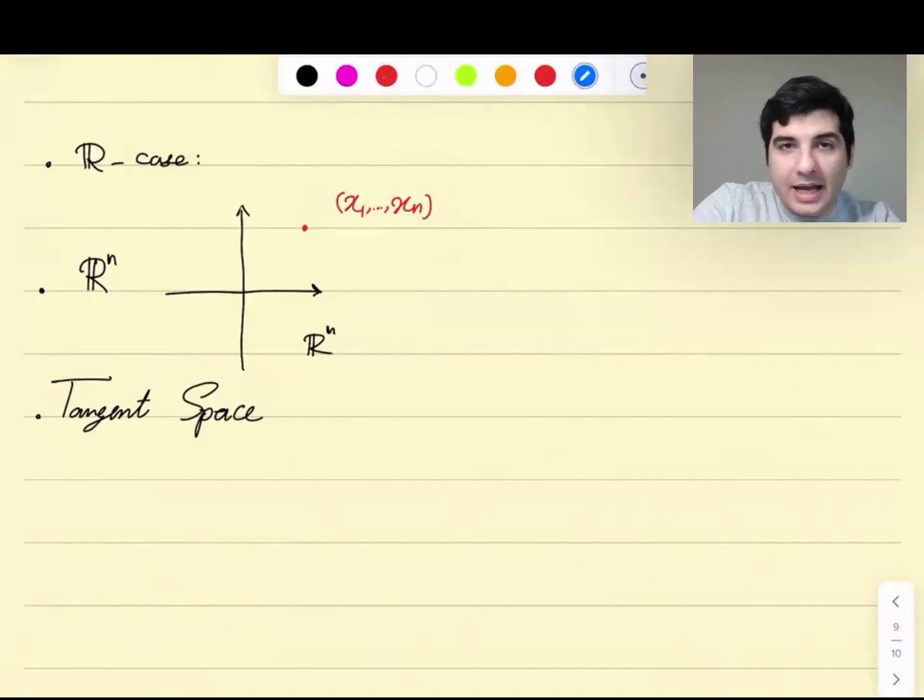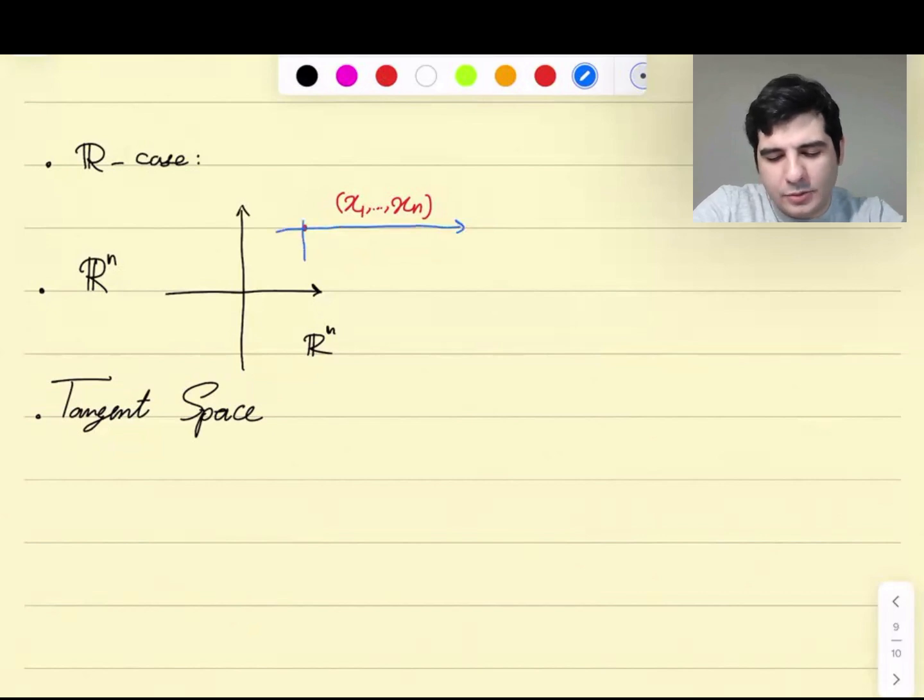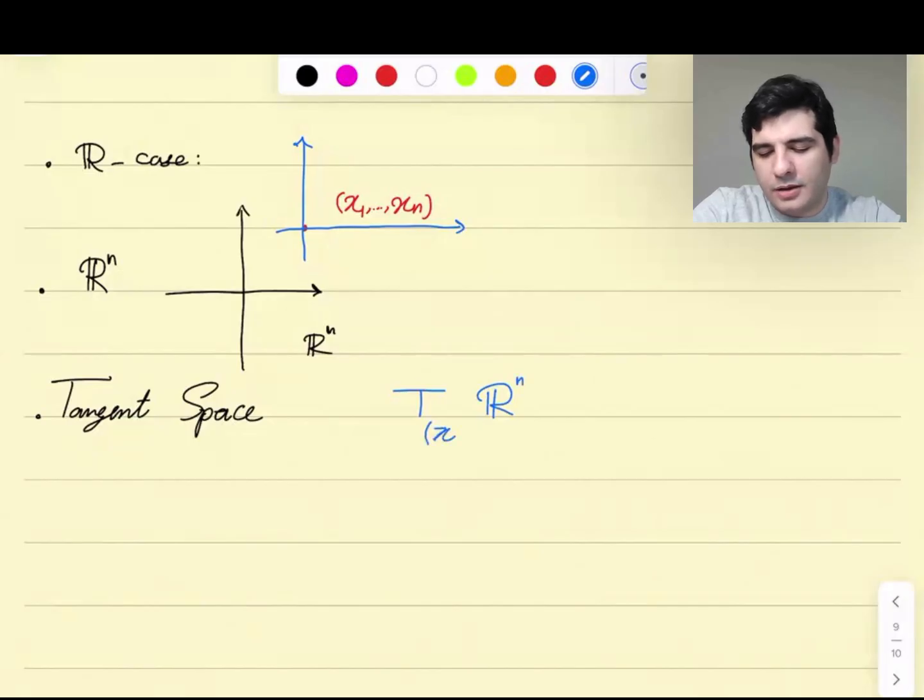I would say the tangent space of R^n at this given point is just another copy of R^n, at least intuitively. But rather than being based at the origin, the origin of this new one is on the point x1 up to xn. I call this thing the tangent space of R^n, and denote it with T of R^n at the point x1 up to xn.